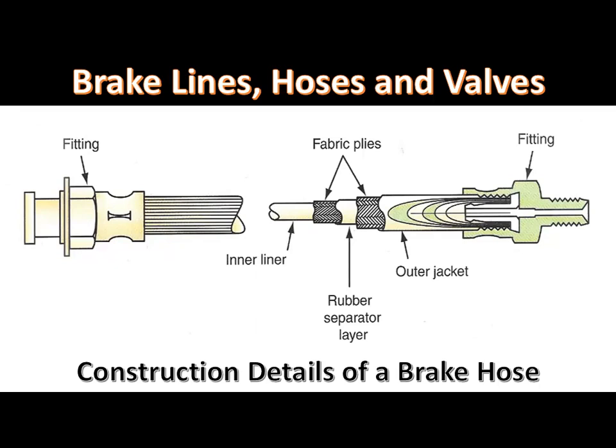Brake hoses contain an inner liner surrounded by metal fabric plies, a rubber separator layer, and an outer jacket. These fittings are attached to the hose during the manufacturing process.